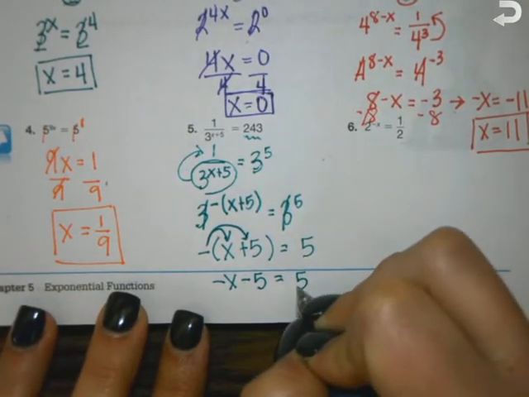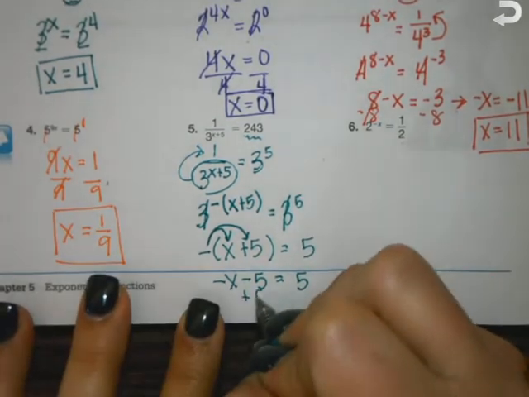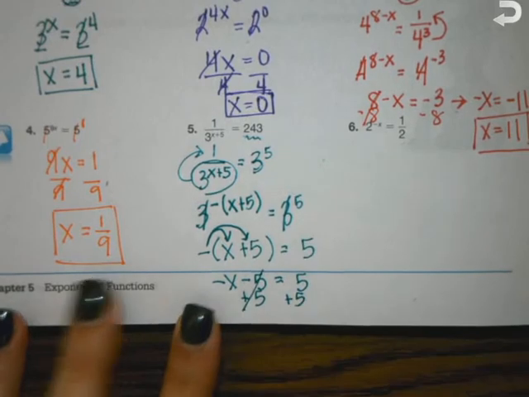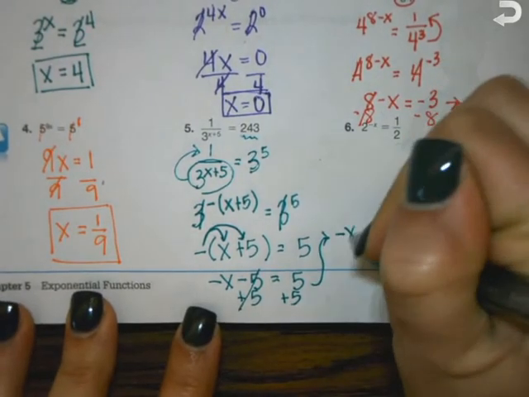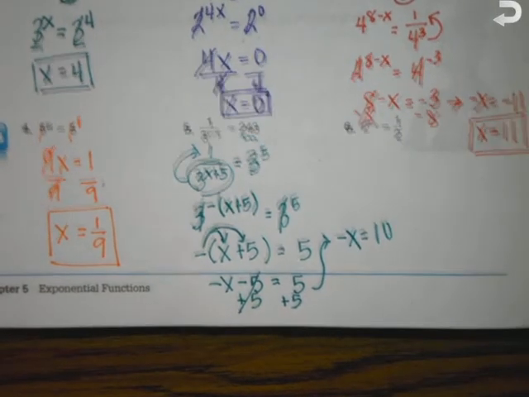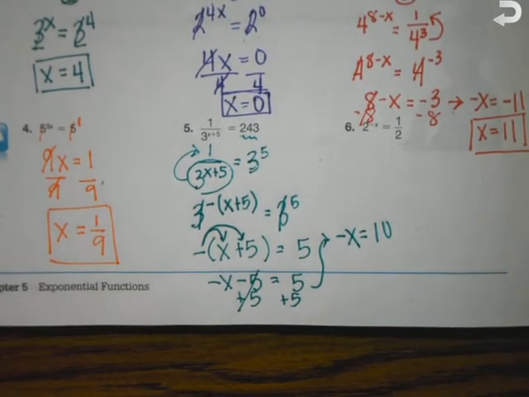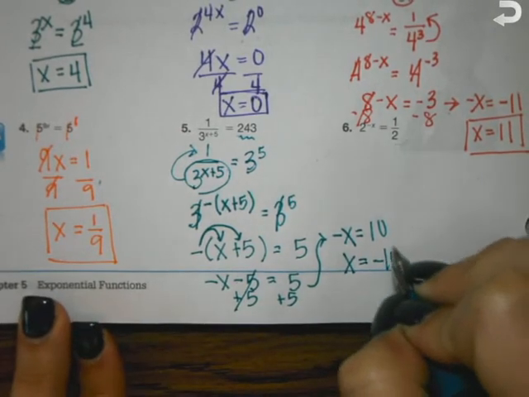And Anthony, then what do I do? Then you add 5. Then I add 5 to both sides. So I get, and I have to move off to the side, guys, negative x equals what? 10, but I don't want a negative in my x. So if negative x equals positive 10, that means positive x equals negative 10. Okay?